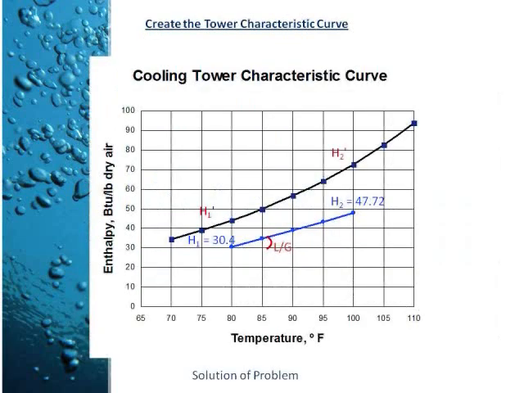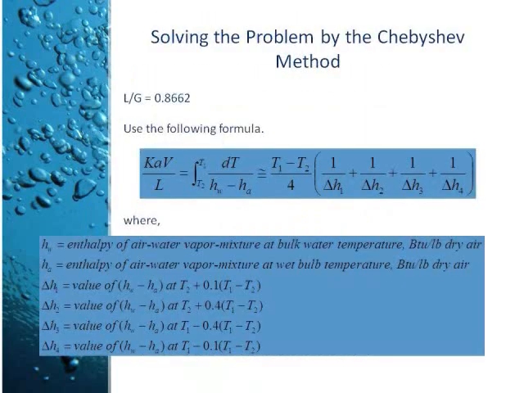The values obtained are 0.345, 0.303, 0.259, and 0.218. By numerical integration, we just add these values to obtain 1.125. Thus, our KAV over L, or our tower characteristic, is approximately 1.1.